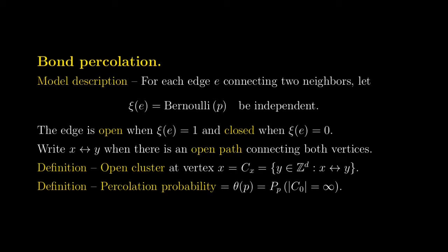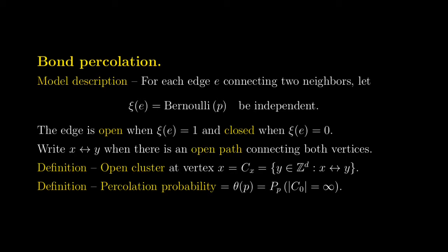By an open path, I mean a path of open edges. And so this relationship between 2 vertices of the graph means that you can go from vertex x to vertex y by following only the open edges. In this case, we say that those 2 vertices are connected by an open path.